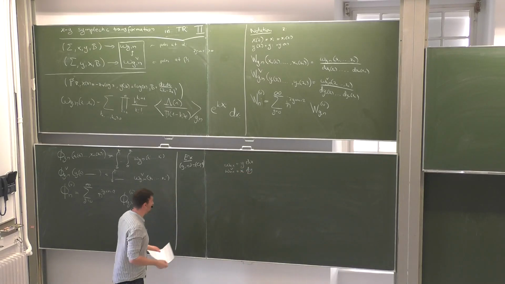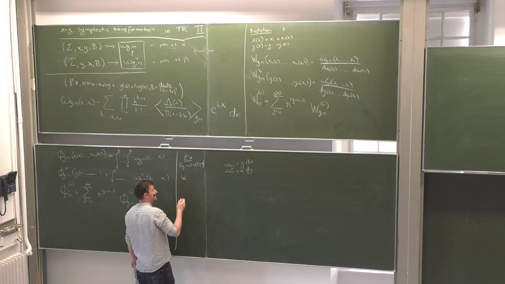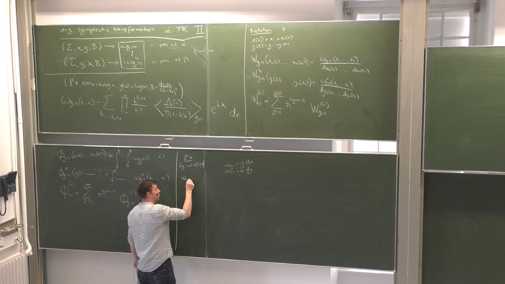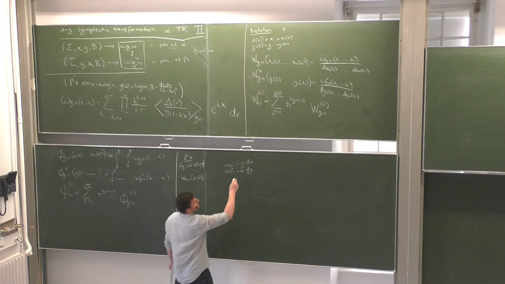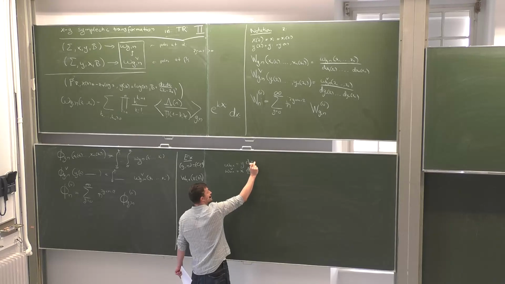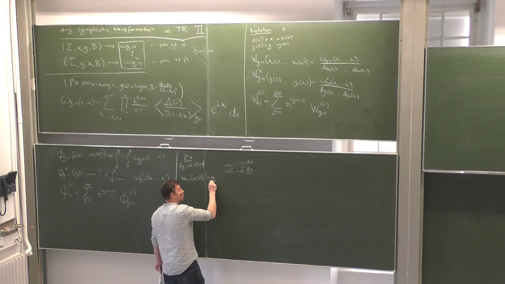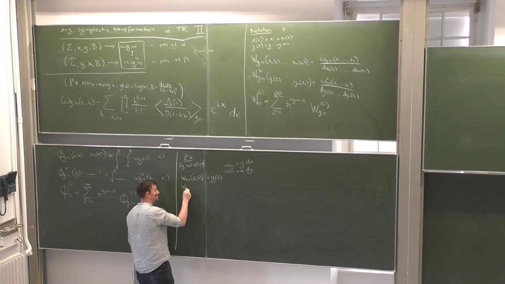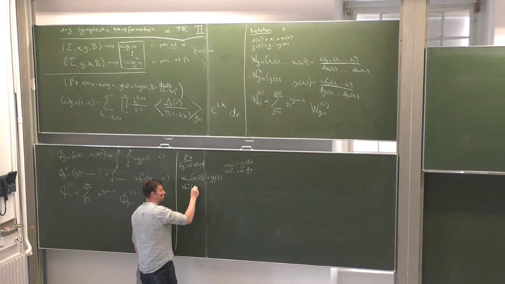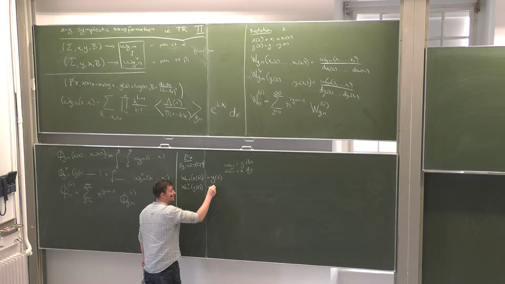We changed the roles. Then we have W_{0,1} of x(z), where we forget this dx, is y(z). W_{0,1} check of y(z) is x(z).